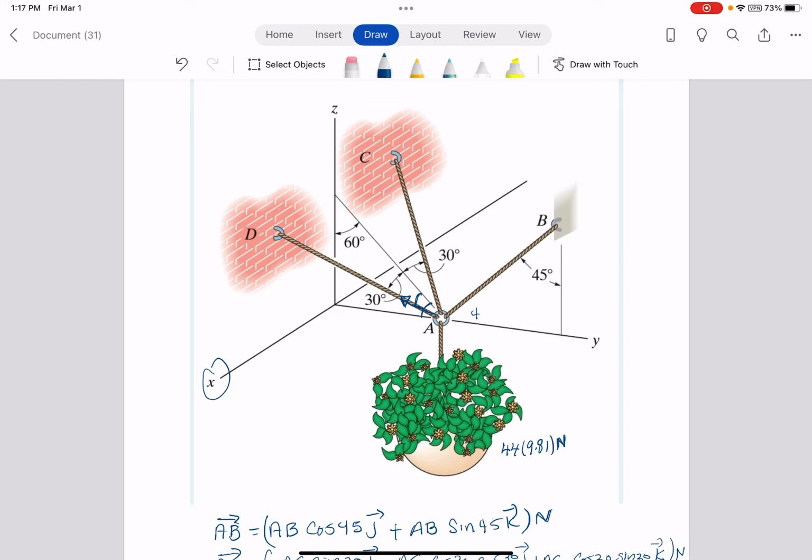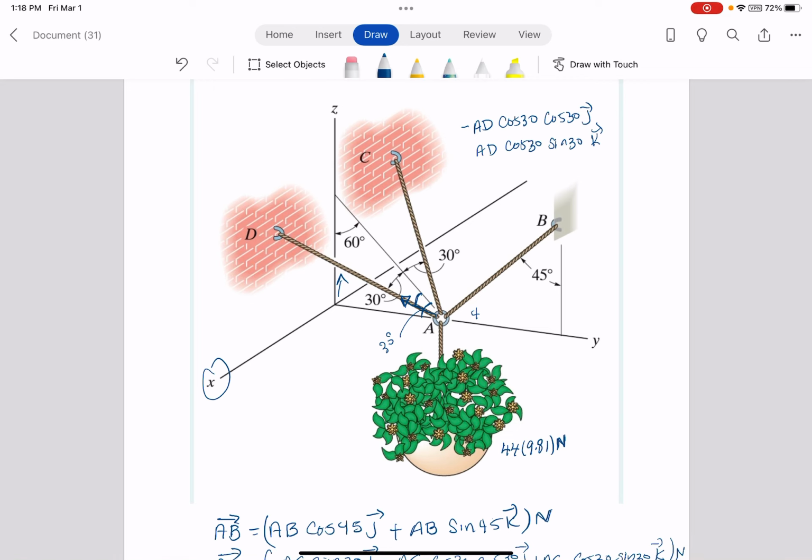AD cosine 30 is going to be in the negative y, so minus AD cosine 30, and also cosine 30 to make it in the j. This is the y. And for that direction, it's also going to be in the positive z, so it is AD cosine 30 sine 30, because this is also 30 degrees, and that's going to be in the k. For the x, what is it going to be?